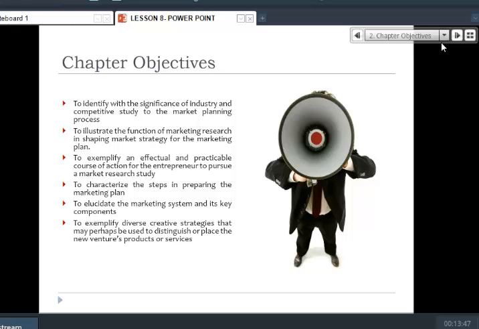Also to exemplify the diverse creative strategies that may be used to distinguish or place the new ventures, products or services.